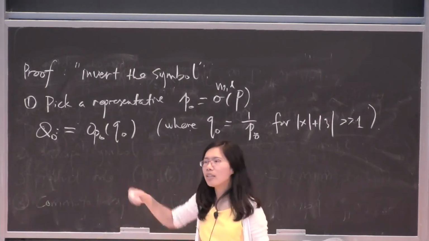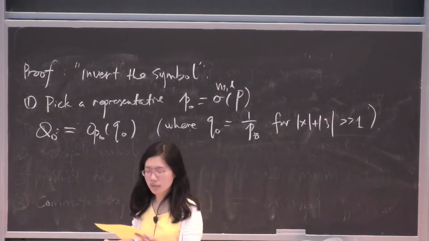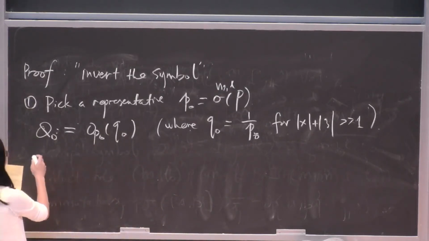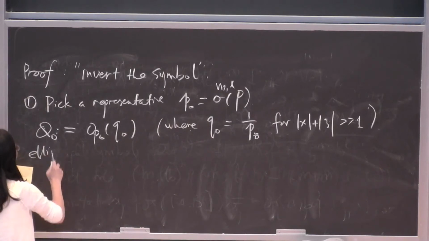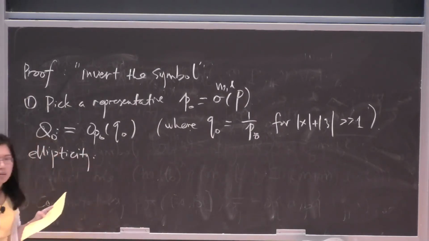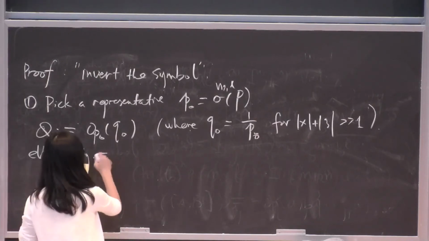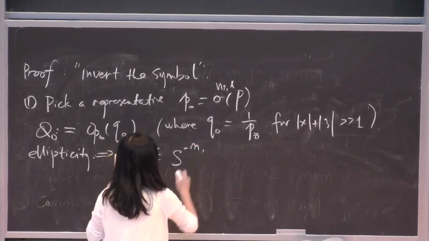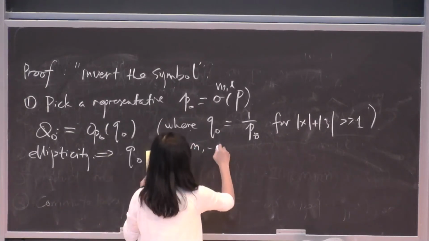And in the interior, I'll just patch in something smooth. So by ellipticity, we know that such a q0 exists. And moreover, the important thing is that you can check that this q0 is in the correct symbol class, in S minus m or minus l.